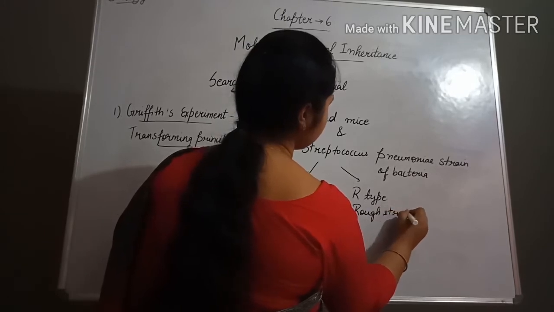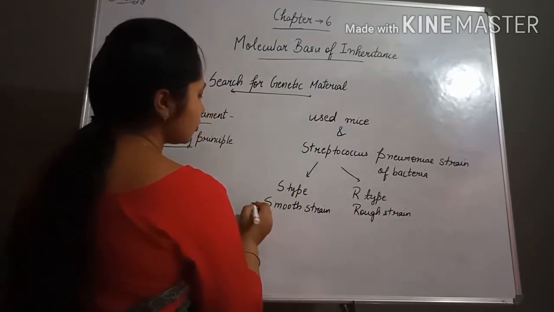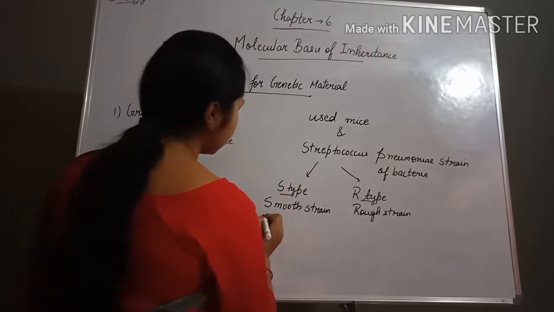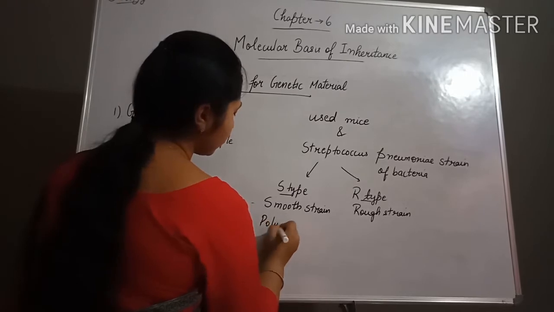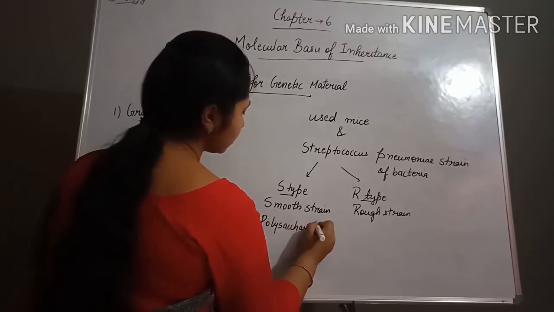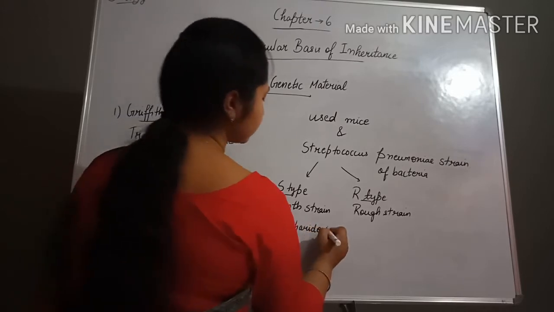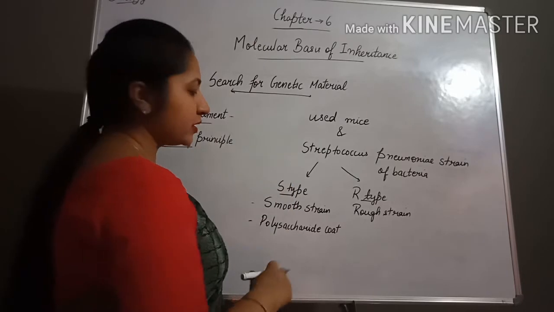And why are they known as the smooth strain? Because they have a polysaccharide smooth coat over the body.